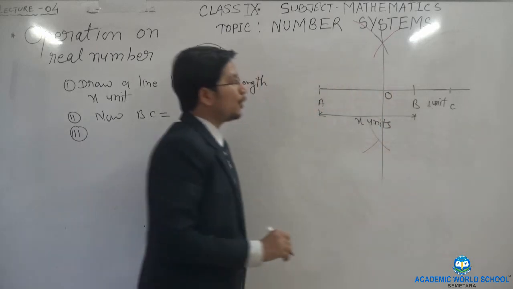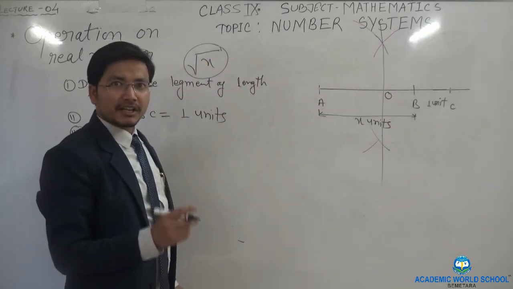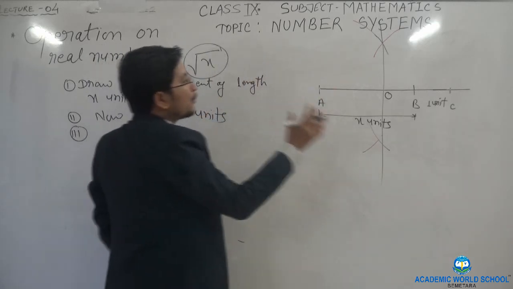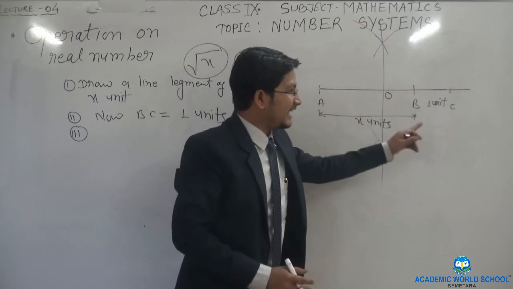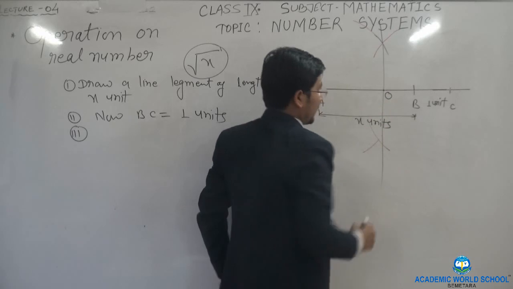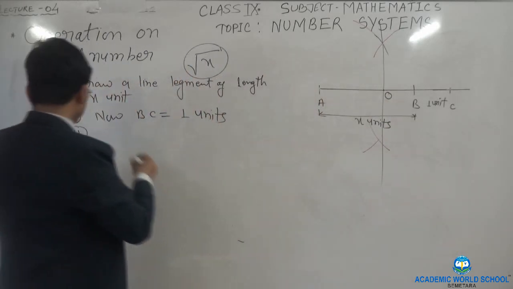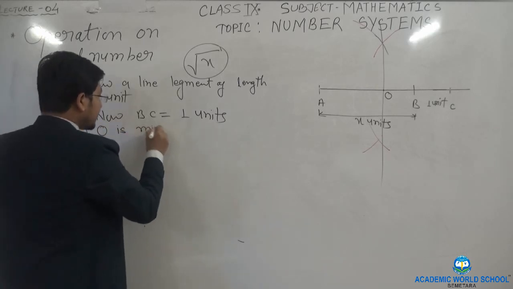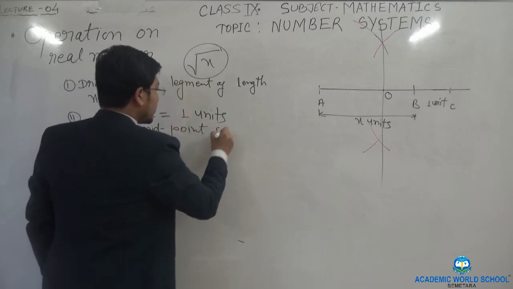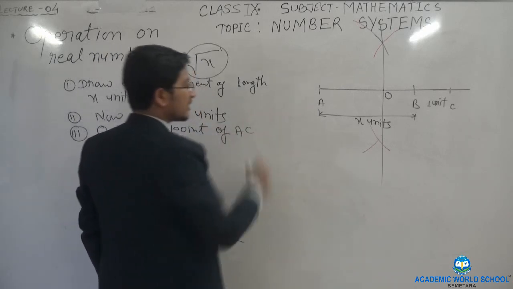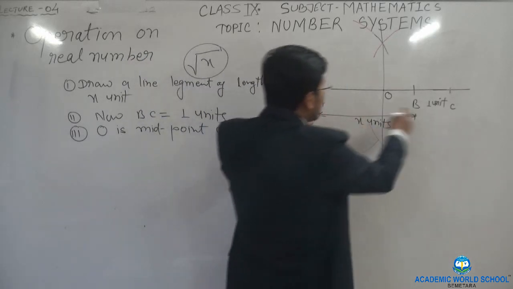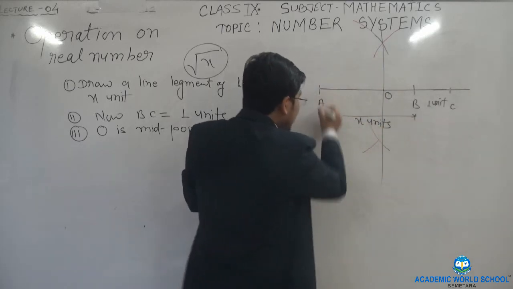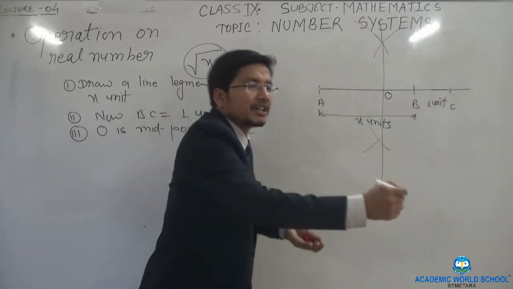Let's say this is point O. You have to draw it carefully because of the chalk on this board; I am not feeling comfortable drawing this. Okay. So O is the midpoint of AC. From here to here, this is x unit, and from here to here, this is 1 unit. So the total length A to C is equal to x plus 1 unit.